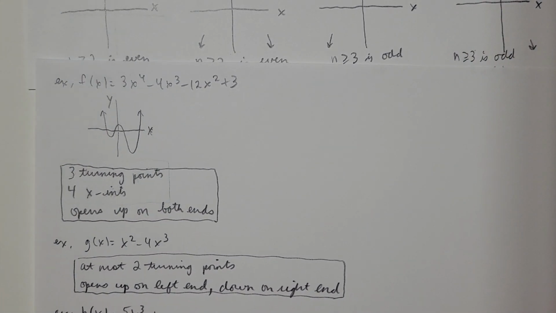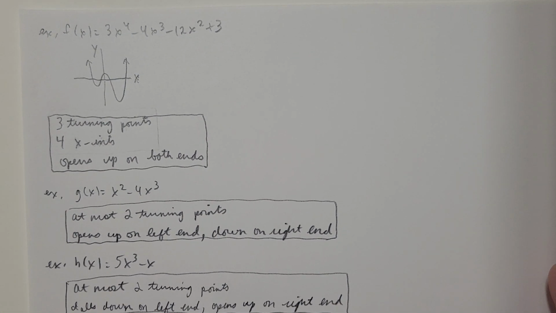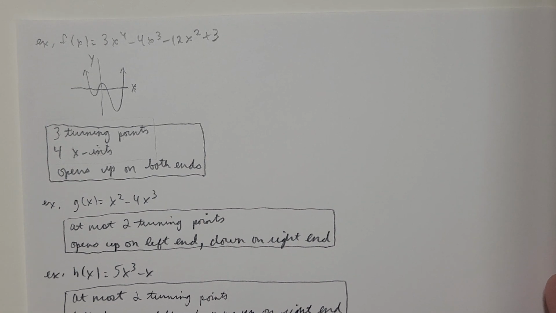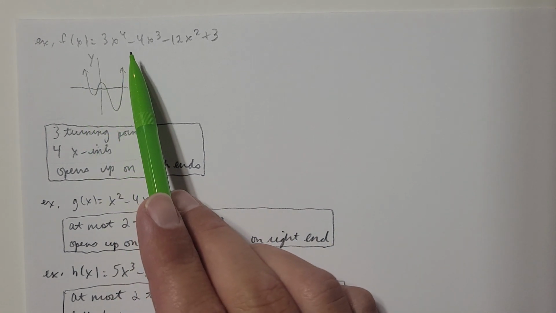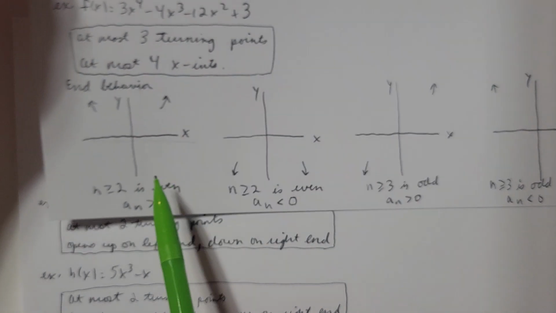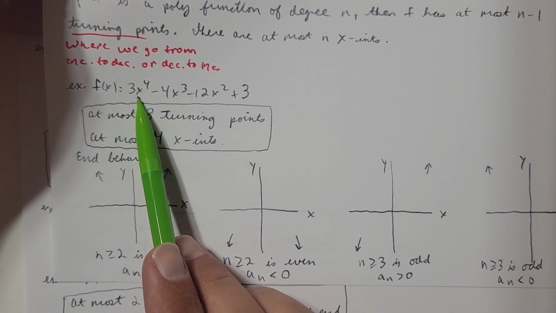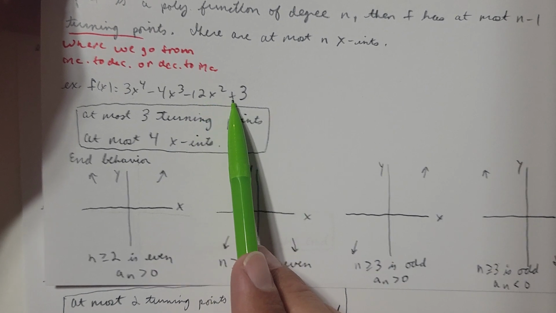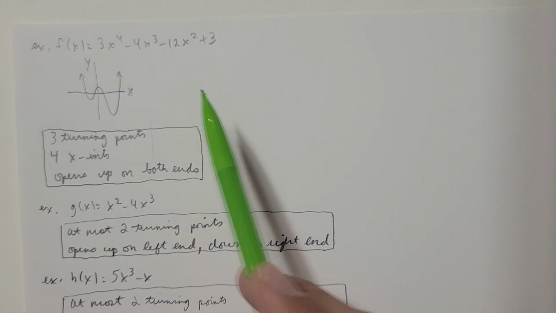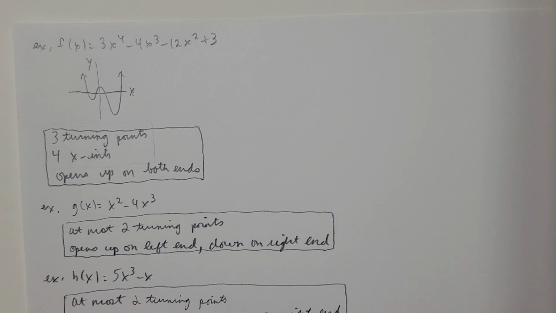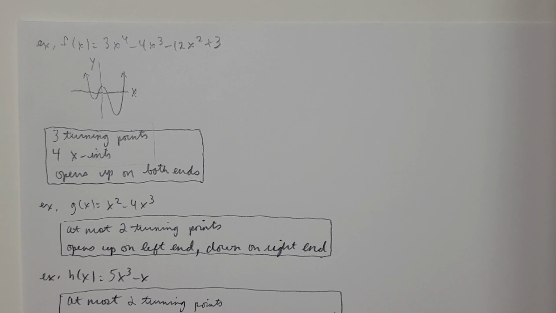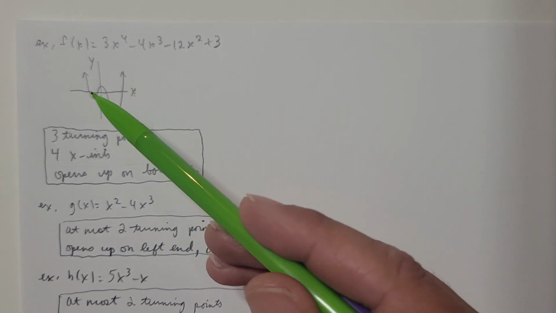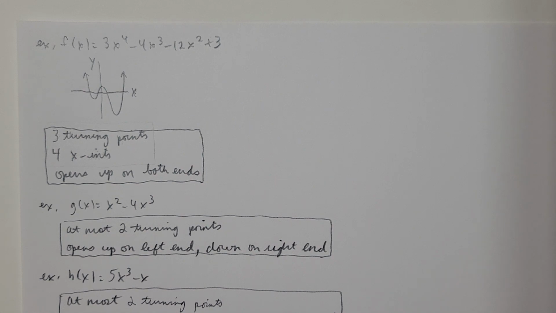Okay, let's take a look at these problems next. Here's the same function that we were just given: 3x to the fourth minus 4x cubed minus 12x squared plus 3. If I were to draw that graph or use my calculator, here's a rough sketch of what that graph looks like.